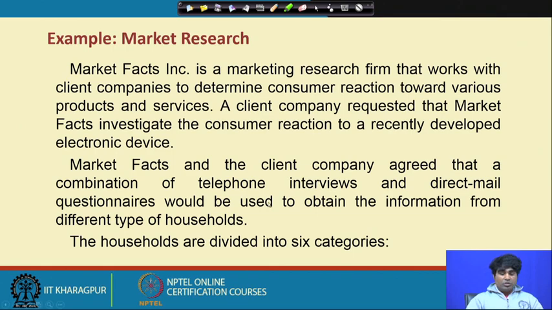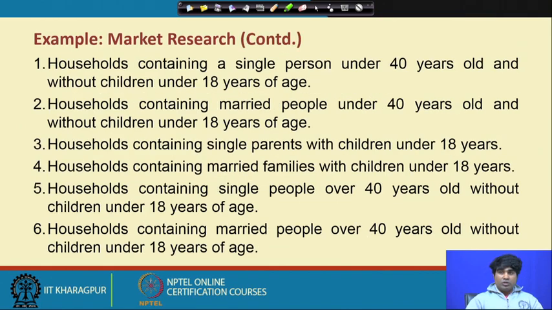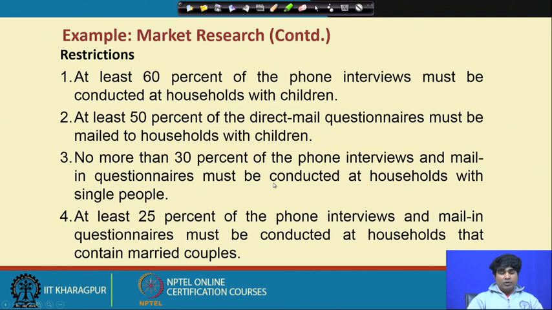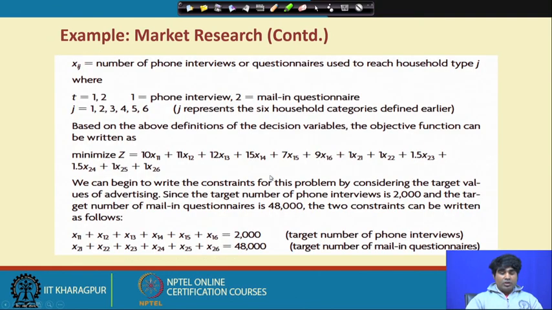This is the information, and the structure is divided into different inputs. Corresponding to these inputs we can have some restrictions, and finally we have the LP structure with the objective function and the constraints, and here typically the constraints are all equality type.